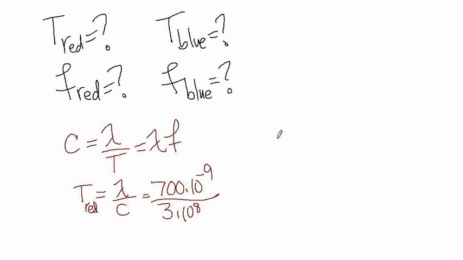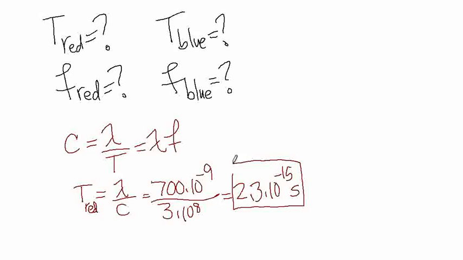Okay, so that gives 2.3 × 10⁻¹⁵ seconds. That's a very small number. So obviously the associated vibrations of light for visible light is very fast.